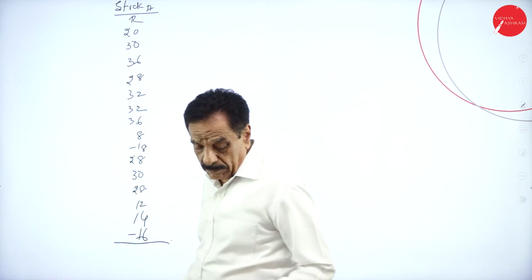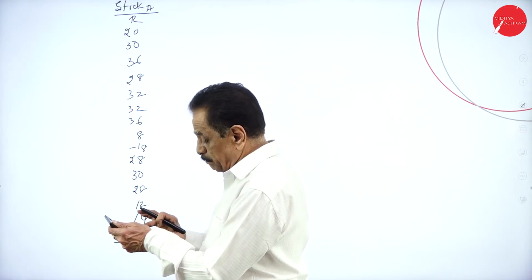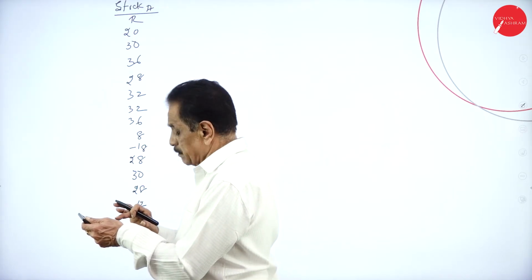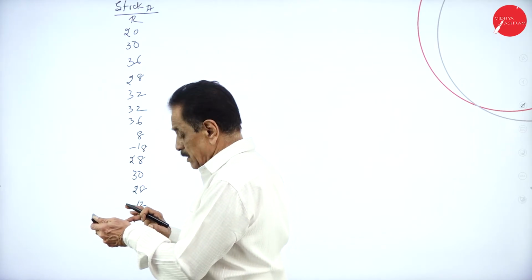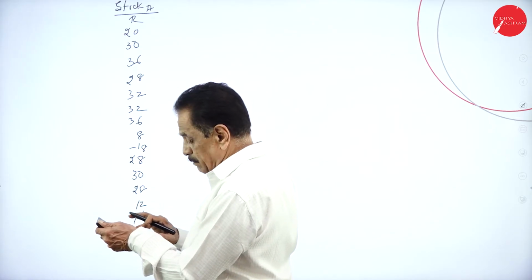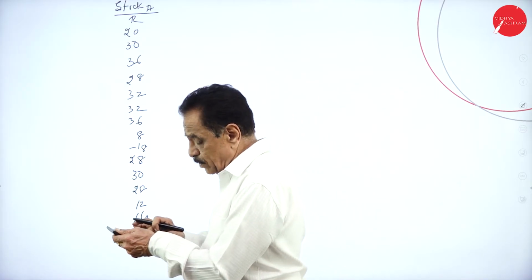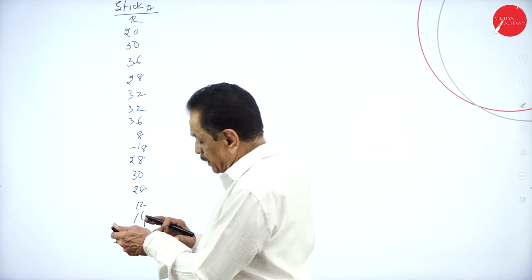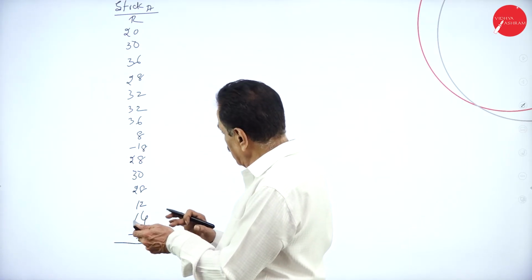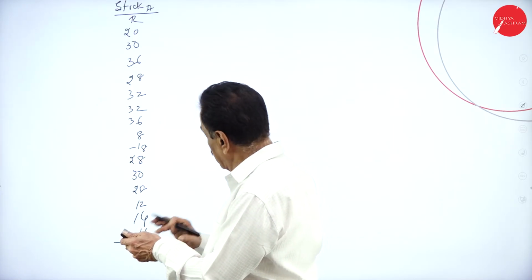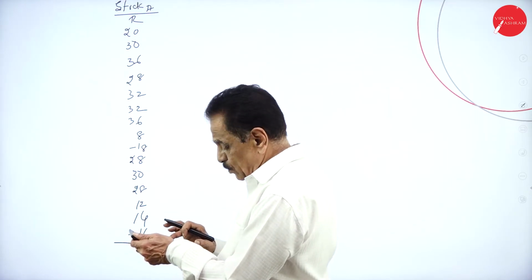You make the total now. This is 20 plus 30 plus 36 plus 28 plus 32 plus 32 plus 36 plus 8 plus 28 plus 30 plus 28 plus 12 plus 14 minus 18 minus 16.